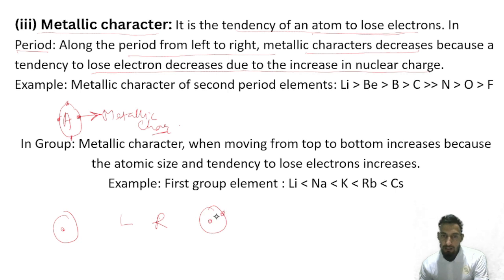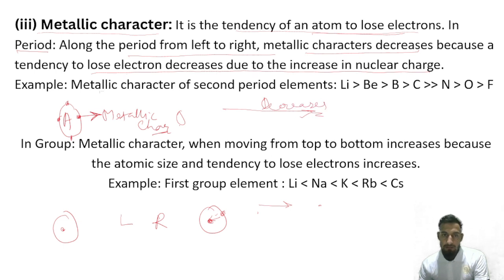That means कि आउटर इलेक्ट्रॉन्स पे इस न्यूक्लियस का इन्फ्लुएंस is more than the elements that are present to the left side. क्योंकि साइज डिक्रीज हो रहा है तो आउटर इलेक्ट्रॉन्स पे न्यूक्लियस का इन्फ्लुएंस ज़्यादा है, तो they don't have that tendency to get detached from the atom. So metallic character along the period decreases.